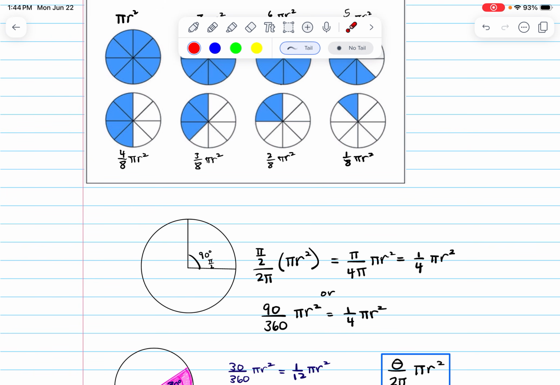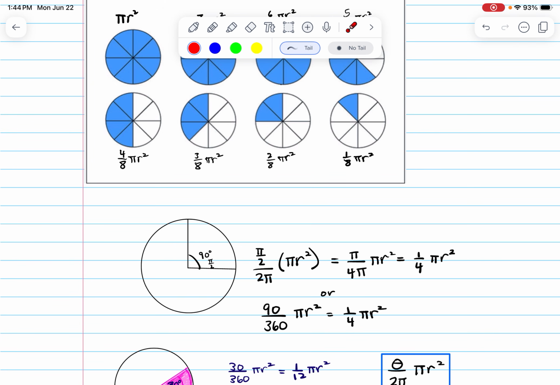So really what we're going to do is say 1/4 times pi r squared. But look, here's the way we can do that. We take the angle measurement, pi over 2, and divide it by the total number of radians around a circle, which is 2 pi. What we're dealing with here is a fraction of that, pi over 2.